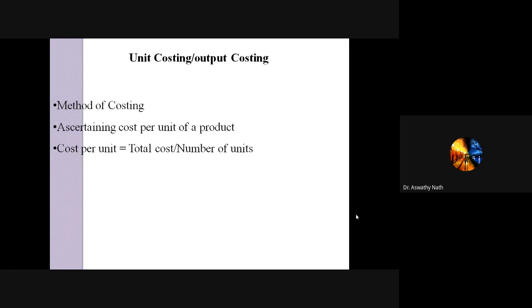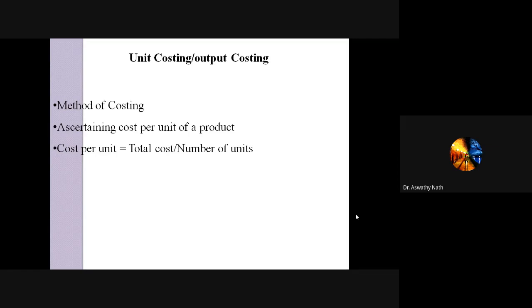Also this method is used in those industries in which the units produced are identical. So mainly in two cases this unit costing is applied: those industries where production is continuous and they are producing identical products.